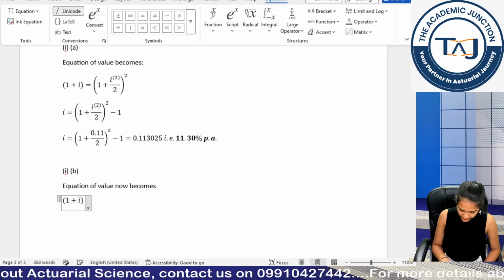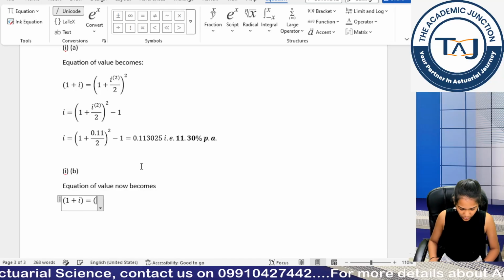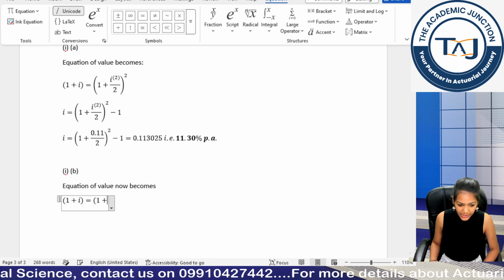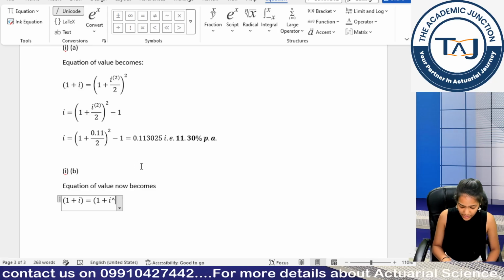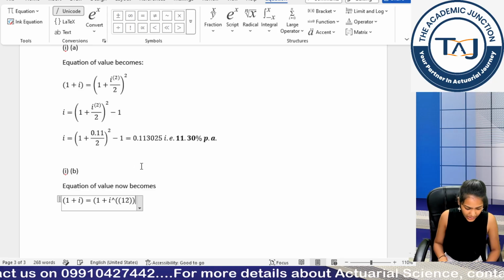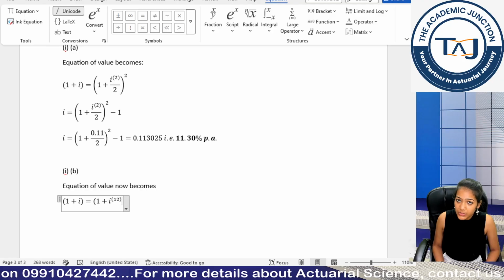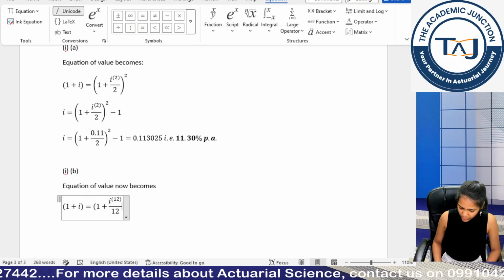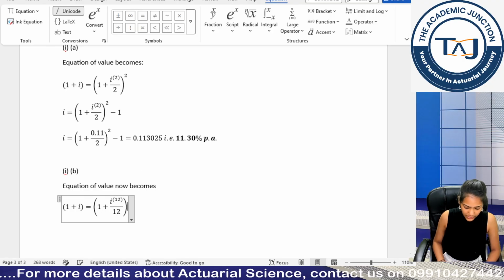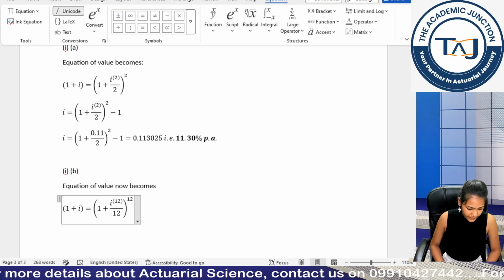1 plus i is equal to brackets 1 plus, now this time it's convertible monthly, so i, this sign, double brackets 12 this time, double brackets, a space bar to move it into a superscript, then divide by 12 to bring it to the fraction, brackets, then 12.